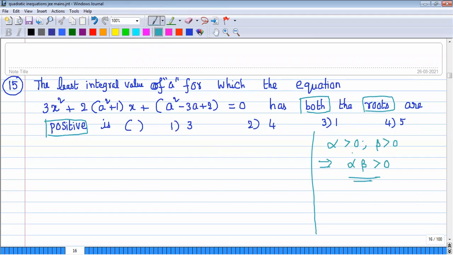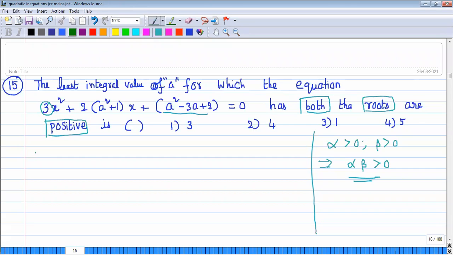That means the product of the roots of this quadratic equation is greater than 0. The product of the roots is the constant term divided by the coefficient of x square. So a square minus 3a plus 2 upon 3 greater than 0. You get an inequality in a. Just solve it. After that, from that solution, find the least integral value of a.